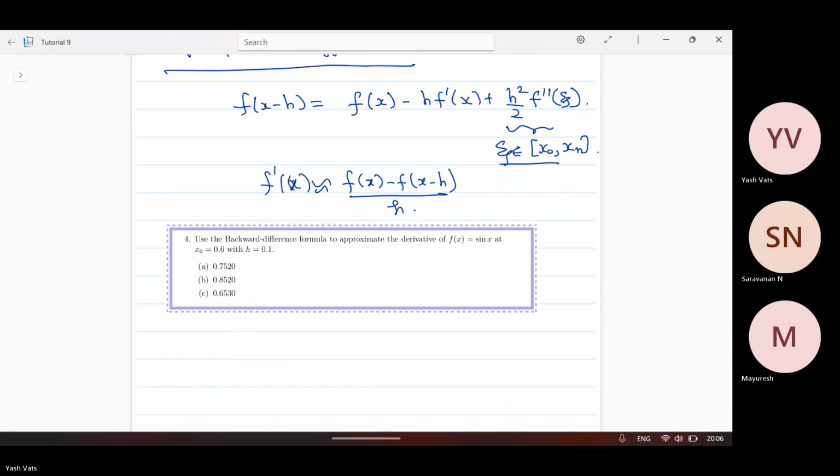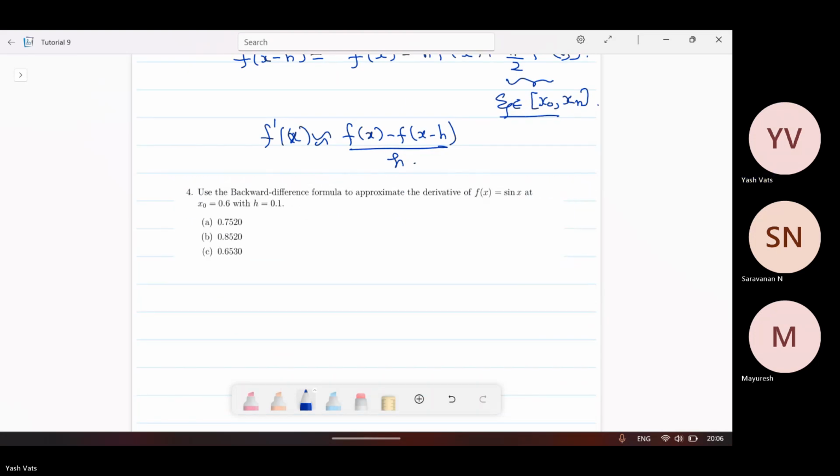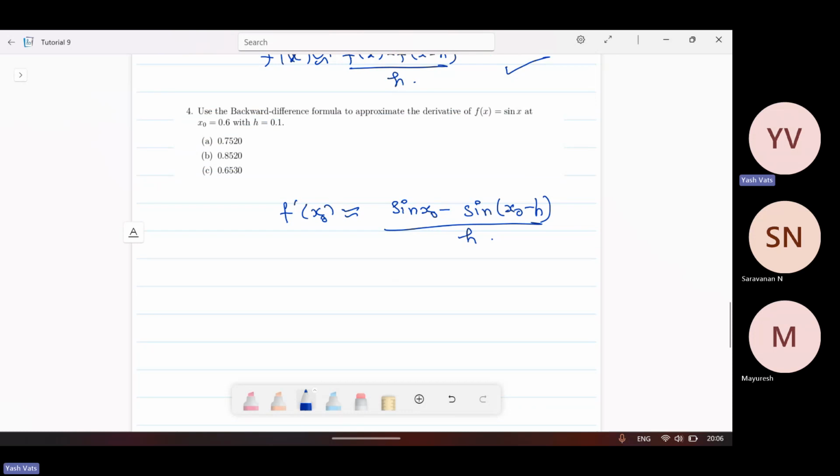Yes, how do you do that? Now, anyone? Any guesses? Same thing, expand using Taylor series? No, you don't need to expand it. Straight away use this formula. F prime x is basically sin x minus sin(x minus h) by h. Here it's x naught, so just substitute these values.